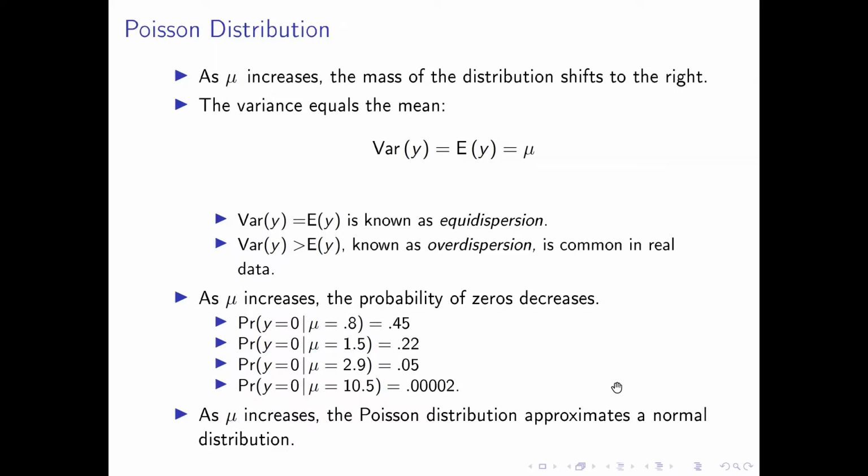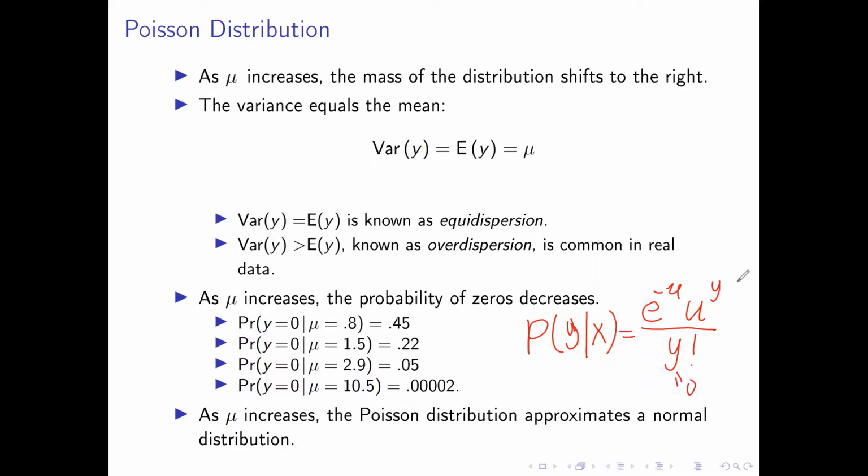And here's an example. Here they're all for zero counts, and we increase the value of mu, plugging these numbers into the formula that I showed you in our last slide. If you remember, the probability for a certain count, y given x, is equal to e raised to the power of negative mu, mu raised to the power of y, and then y factorial. Here y is equal to zero.